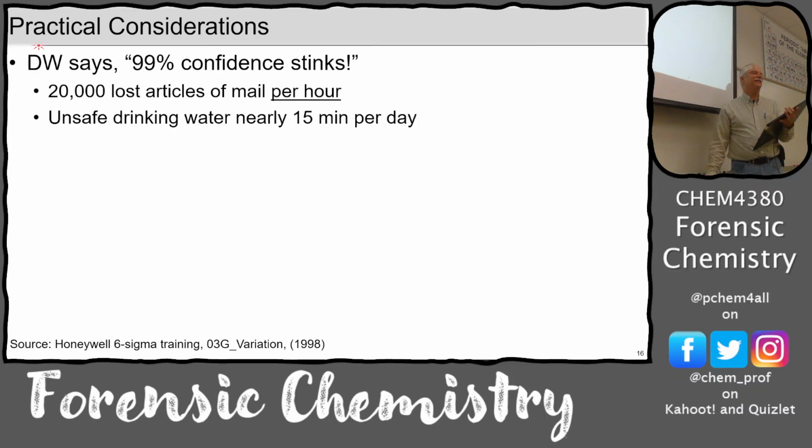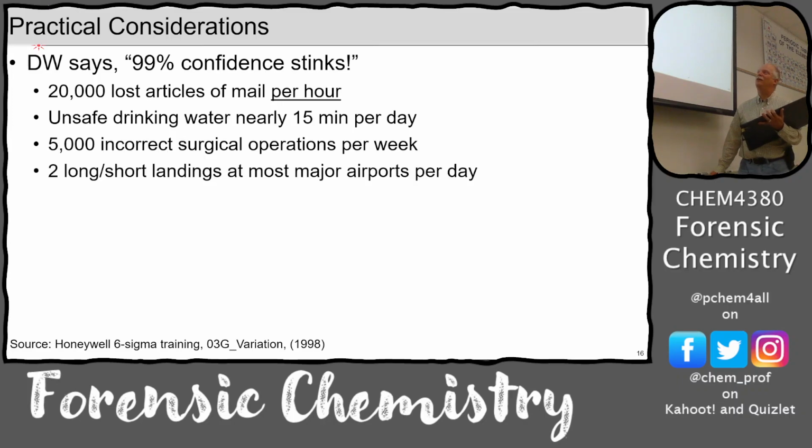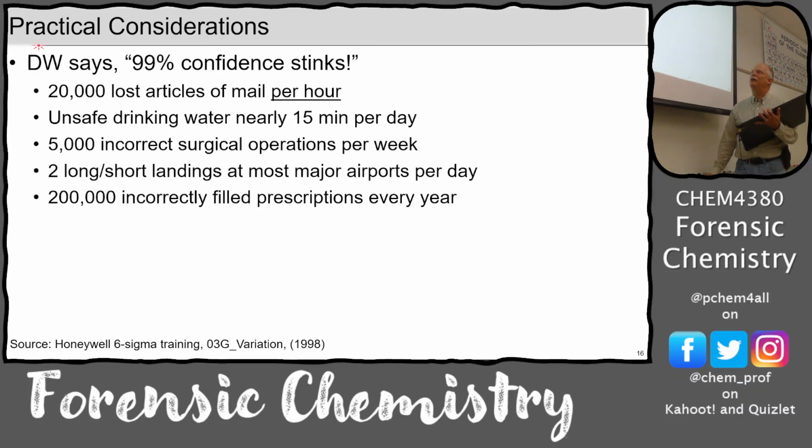Which 15 minutes? Who knows, right? It's random. Or 5,000 incorrect surgeries per week, or 2 long or short landings at most airports per day, or 200,000 incorrectly filed prescriptions. That's scary. So if 1% of the prescriptions were wrong, it would be 200,000.